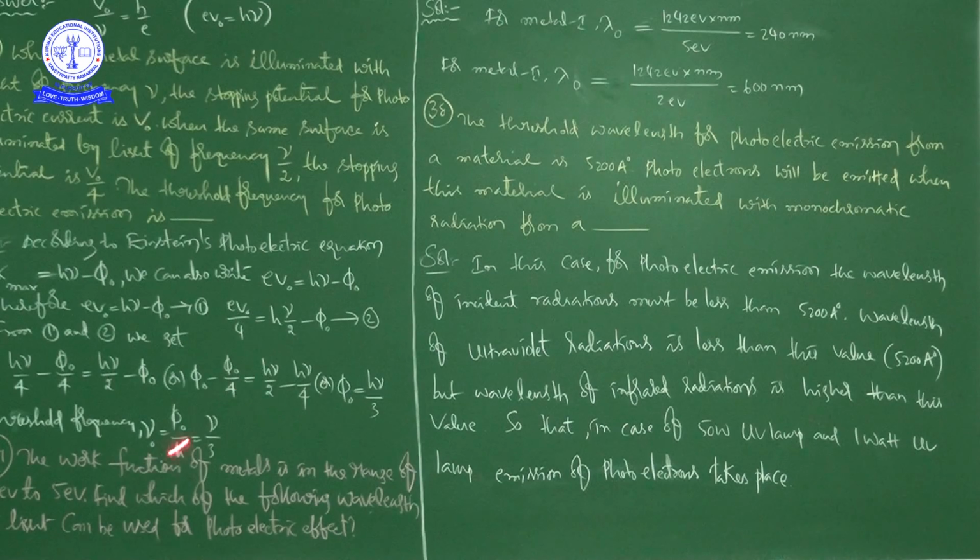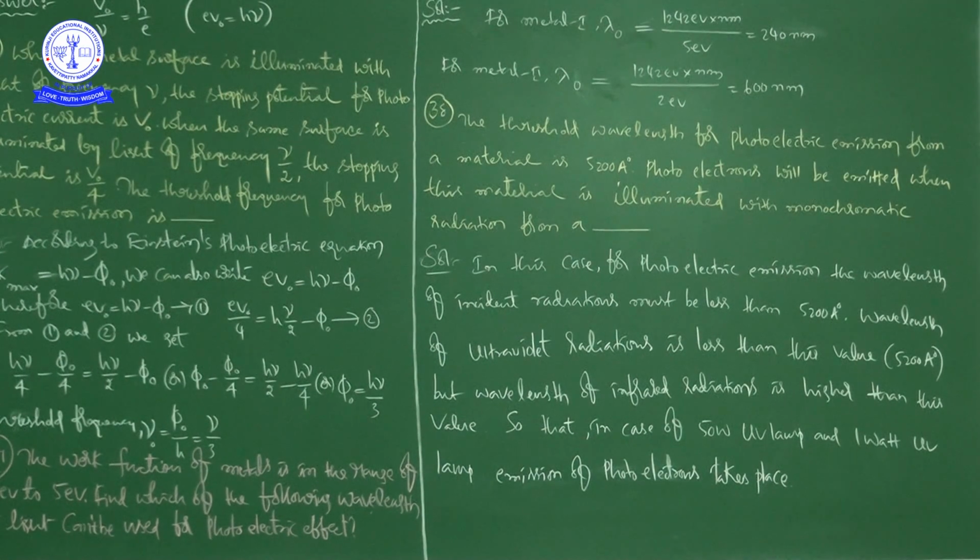So the question is, find which of the following wavelength of light cannot be used for photoelectric effect. Which of the following wavelength of light cannot be used for photoelectric effect means you can select this one, that is 600 nanometers.